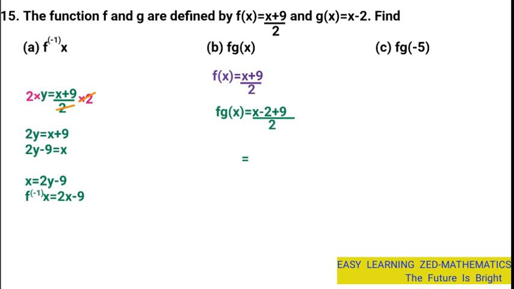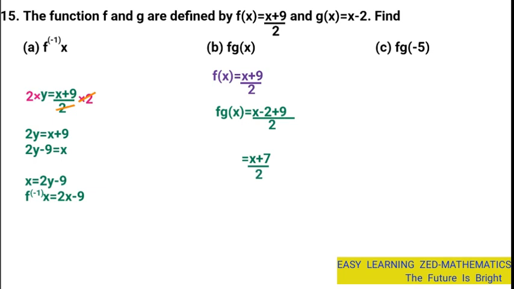When you look at 2 and 9, 9 is bigger, so the answer will be positive. Then 9 minus 2 gives us 7, so the answer will be x plus 7, because 9 is bigger than 2, that means the positive sign will be maintained, which will be over 2.